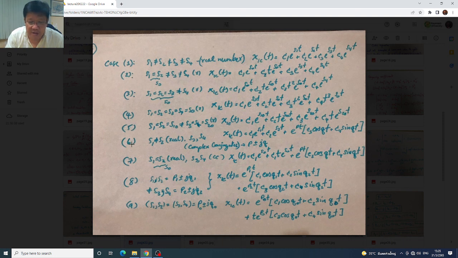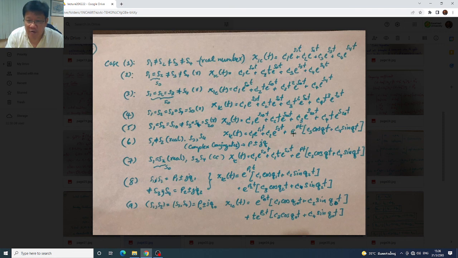In the sixth case, you start having complex conjugates. Suppose s3 and s4 are a complex conjugate written in the form p plus or minus j q, where j is the square root of minus 1, while s1 and s2 are non-equal real numbers. Now you need to add the general form of the complementary solution for a complex conjugate, for the constants c sub 3 and c sub 4.